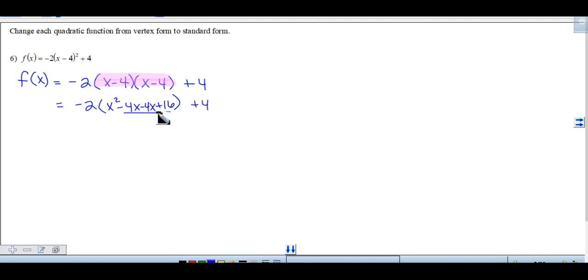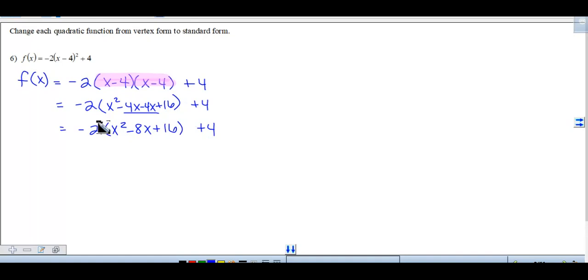Now I need to clean up what is on the inside of the parentheses. I can combine the 2 x terms together. That gives me x squared minus 8x plus 16, and then I have my plus 4. I cannot combine these constants because one is inside the parentheses and one is outside.